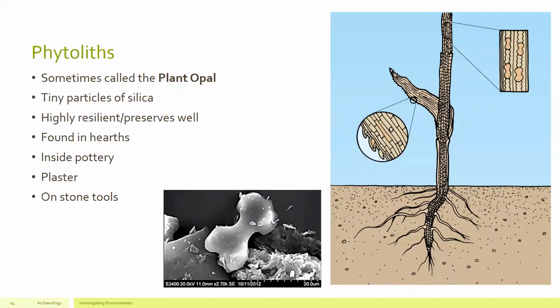Sometimes you can find them inside pottery. If they were used for cooking, the phytoliths will preserve, and the cooking helps preserve them in some cases. You see them mixed into plaster. Depending on what they're used for, you might find phytolith polish on stone tools that can be analyzed, a silica polish. This is especially true from grasses.